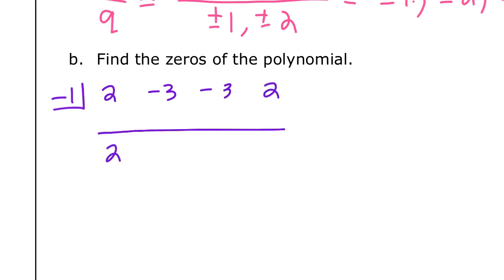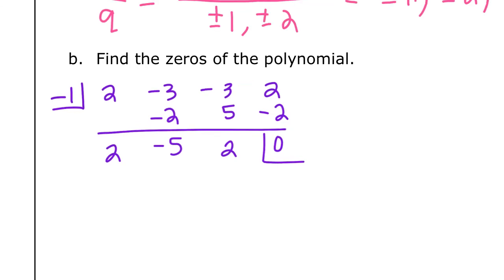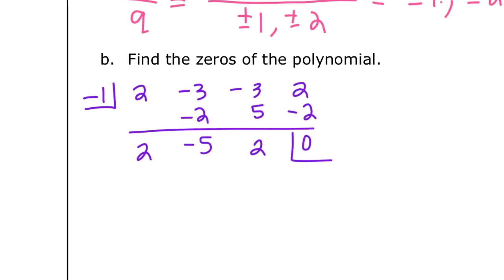Bring the first one down. Multiply and add. Multiply and add. Multiply and add. So good. First try, we already found one that's a 0. So x equals negative 1. That's important. We're going to need that later.